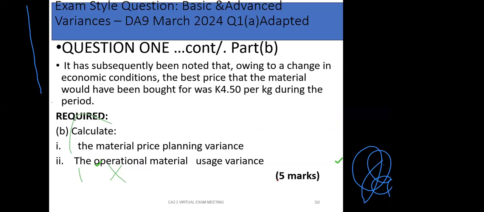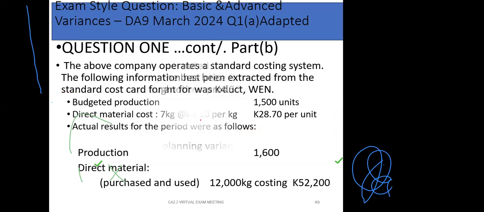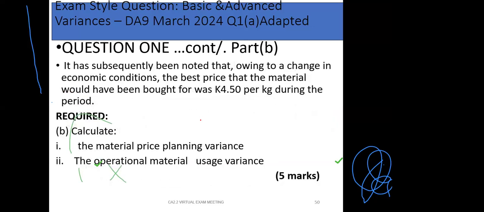So 4.5 is a revised cost. The 4.1 per kg on the previous slide, 49, was the original. Then on slide 50, the 4.5 is the revised. For planning variance, you're going to compare the 4.1 to 4.5.